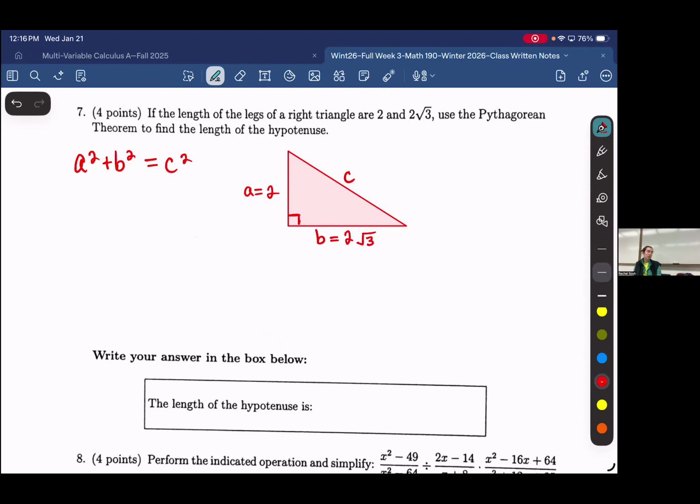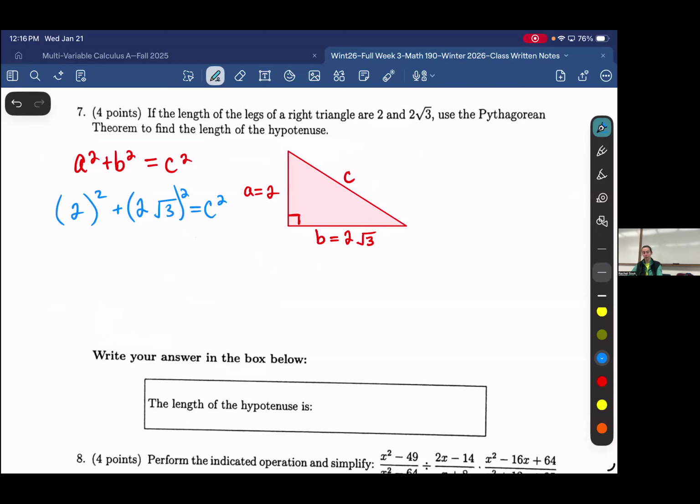You might be able to easily identify that we have a 30, 60, 90 degree proportionality. And then we end up getting 4 to be the hypotenuse. But if you didn't pick up on that, it's okay. We can just plug it into our theorem, and then we'll solve it that way as well.